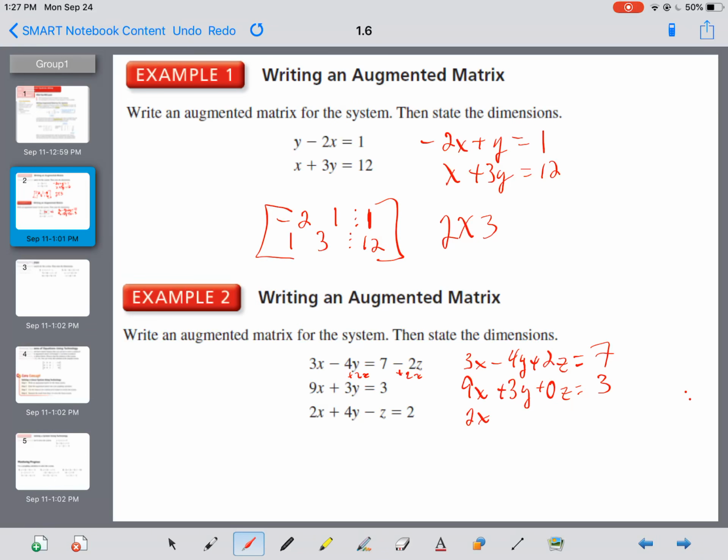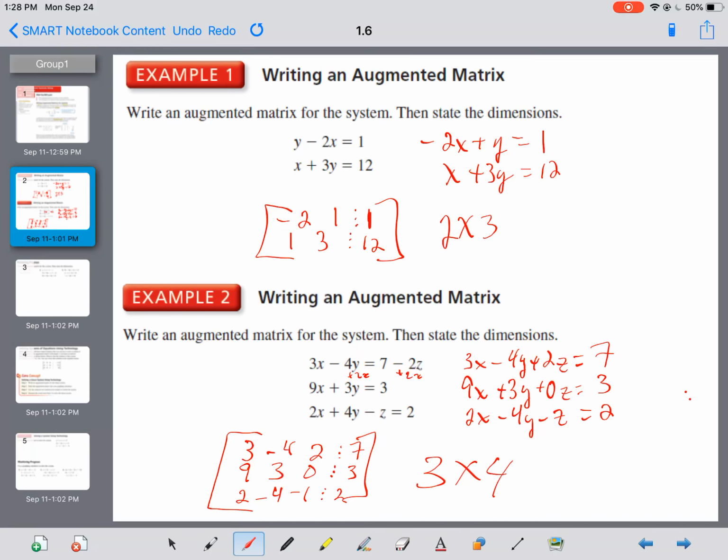And then I've got 2x, -4y, -z, and then I got a 2. So my augmented matrix is going to be a little bigger. I've got 3, -4, 2, and then I've got my 7. I've got 9, 3, 0, and I got my 3, and I got 2, -4, -1, and then 2, and that's going to be a 3 by 4 matrix. That's what we're looking for.